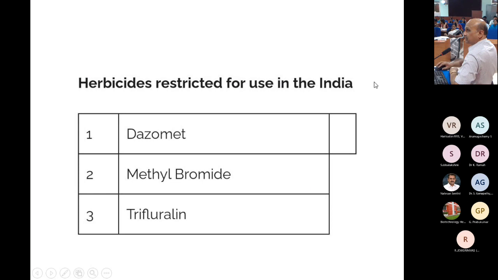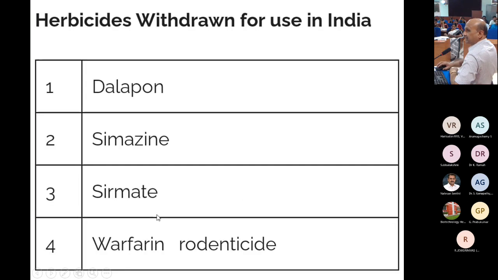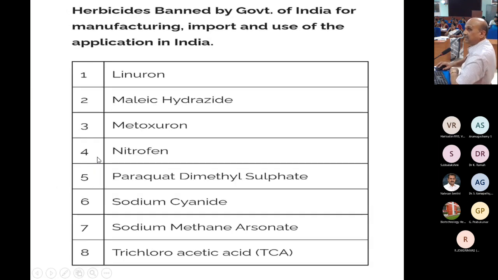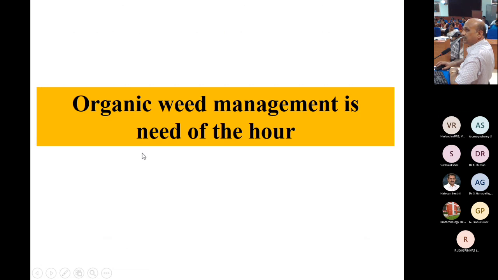The herbicides restricted for use in India are dazomet, methyl bromide, trifluralin, and these herbicides are withdrawn from the list for use in India. Dalapon, Simazine, Sermat. Simazine is very much used, atrazine and Simazine, triazine group of herbicides. And these herbicides are also banned by the Government of India for manufacturing, import and use of application, this group.